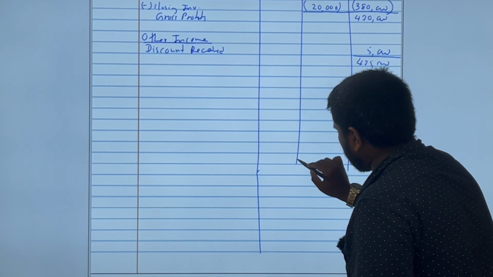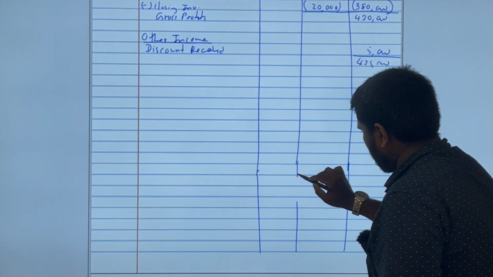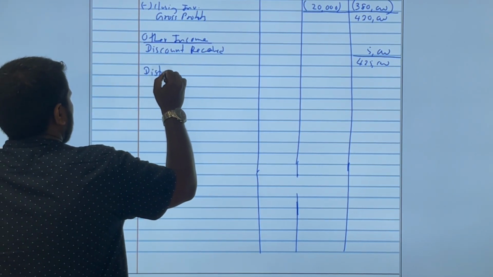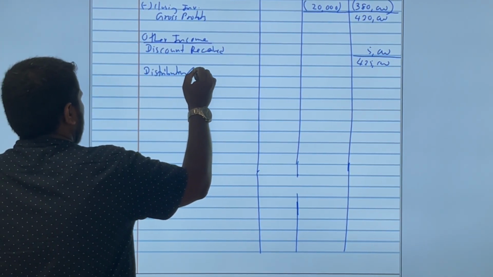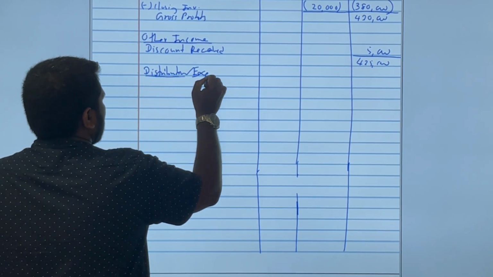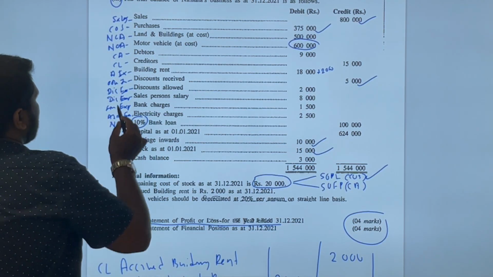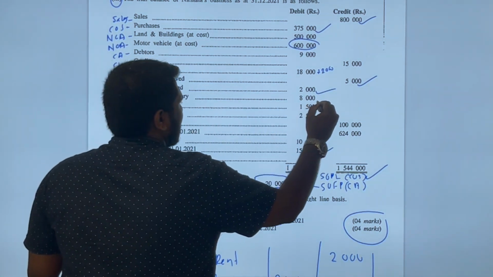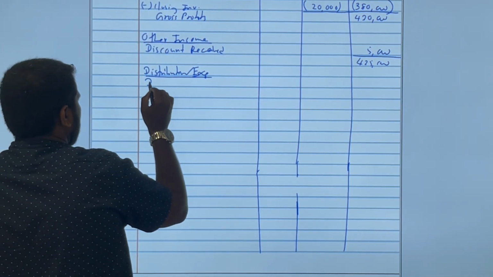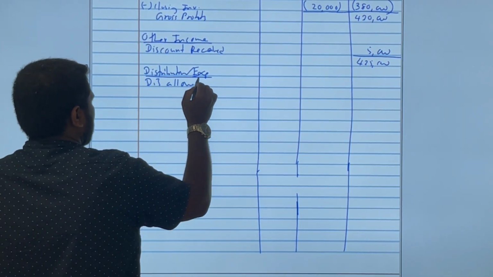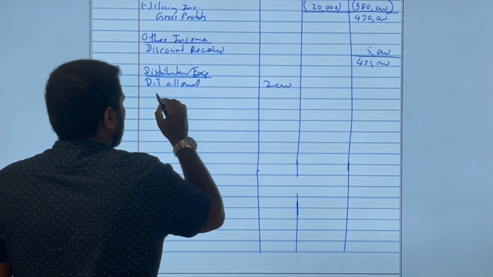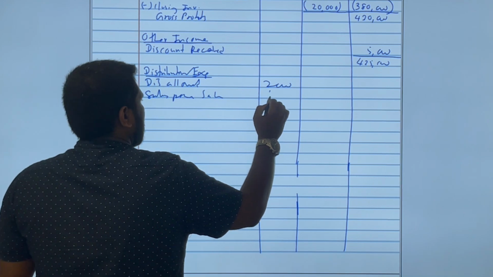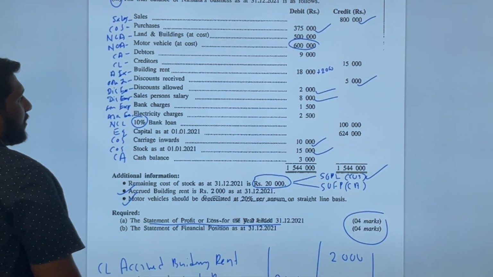Let's take the expenses. Here you have the distribution expenses. So let's see one by one what are the distribution expenses that you have. Discount allowed 2,000, salesperson salary 8,000. Done.